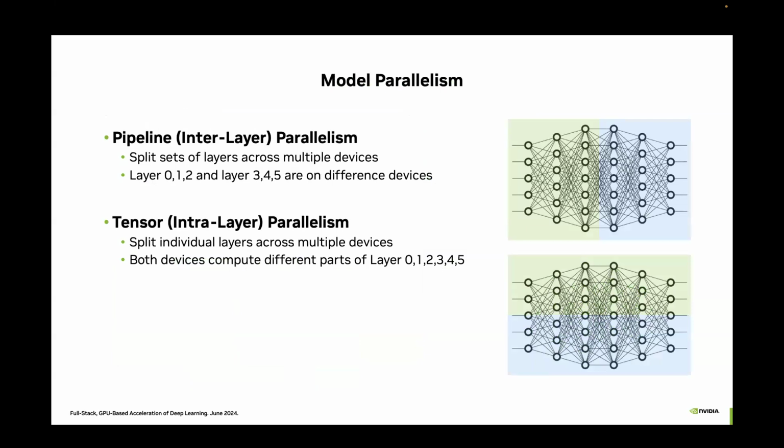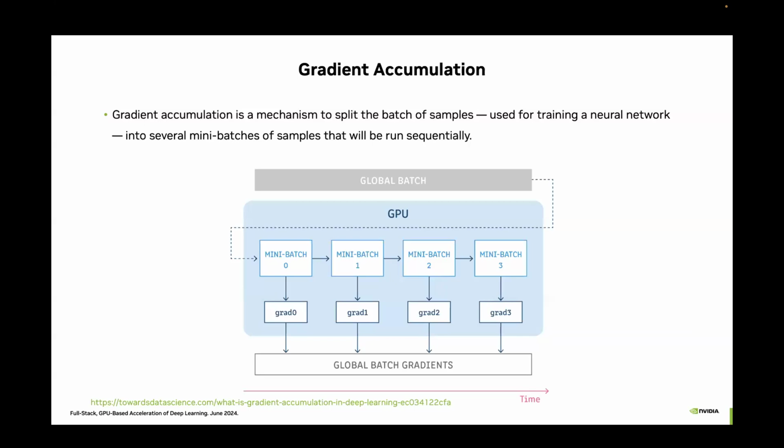You could also say half of this layer is one place, half of this layer is another place. All legit ways. Which way is best for your model kind of depends on what you're doing. And then you have things like gradient accumulation, where you split the batch of samples and share the information.